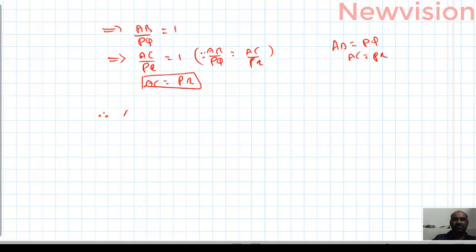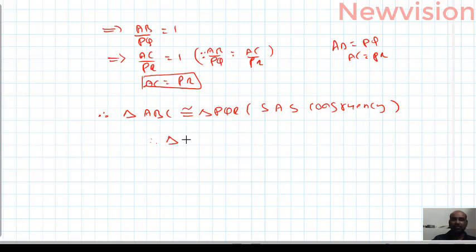Therefore, triangle ABC is congruent to triangle PQR from SAS congruency. If two triangles are congruent, automatically they are similar. Therefore, triangle ABC is similar to triangle PQR.